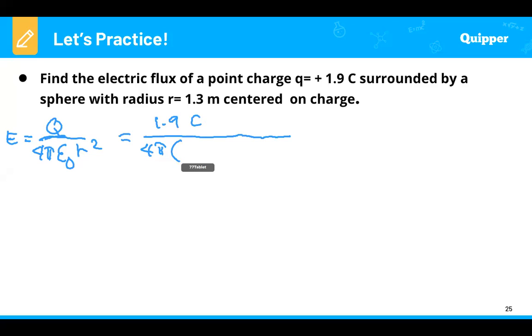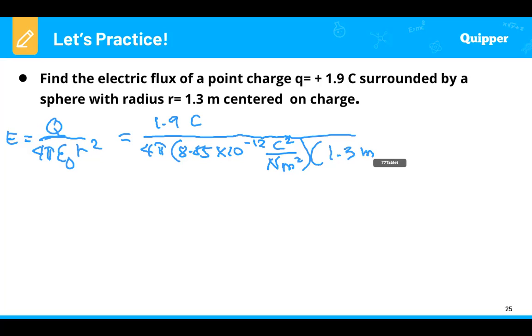Our epsilon is 8.85 by 10 raised to negative 12 coulomb squared over Newton meter squared. Multiply again by our radius, which is 1.3 meters squared. Then next, I will just copy 1.9 coulombs over.